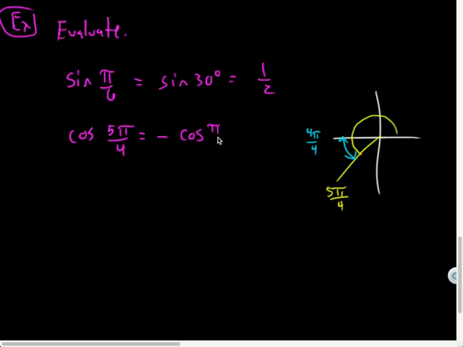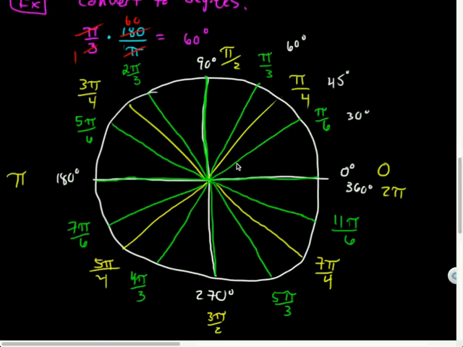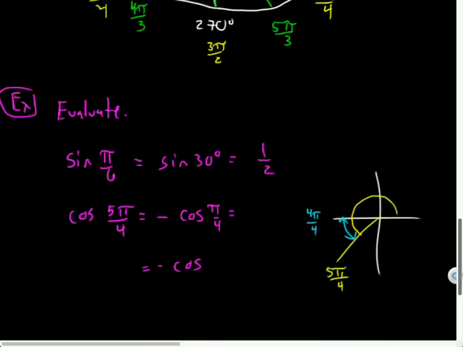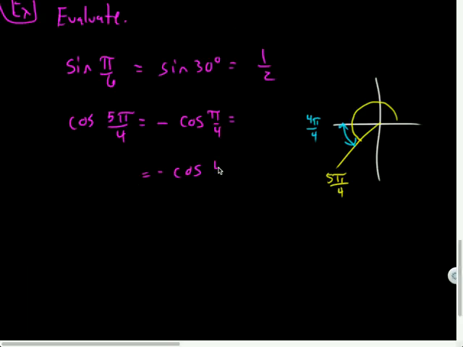And cosine of pi over 4, what is the angle pi over 4 equivalent to? Right? So that's the same as if I asked what is cosine of 45 degrees. So that's negative root 2 over 2.